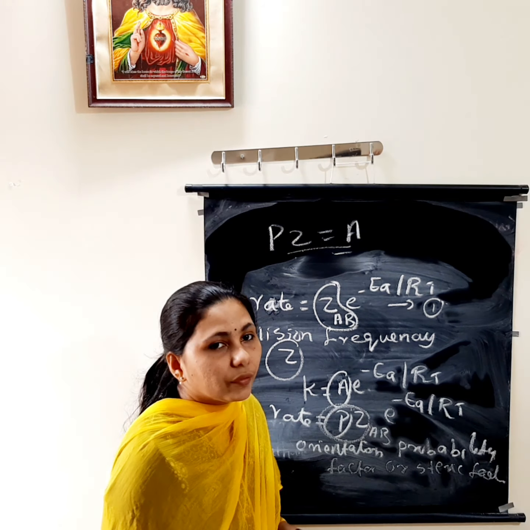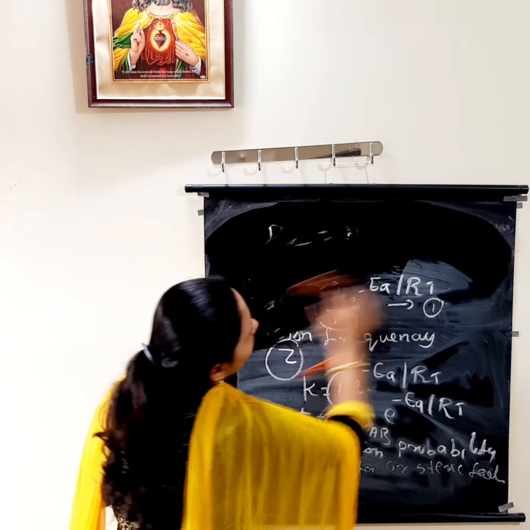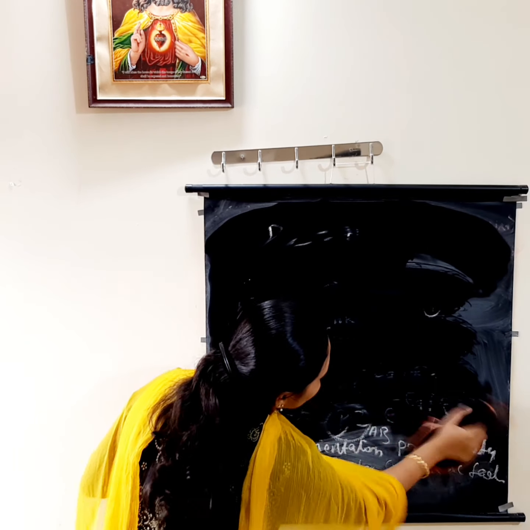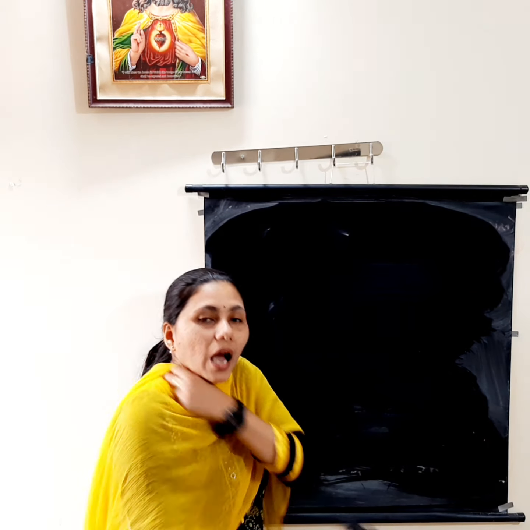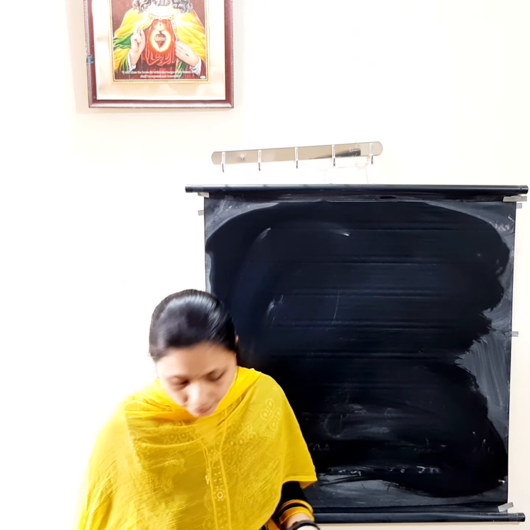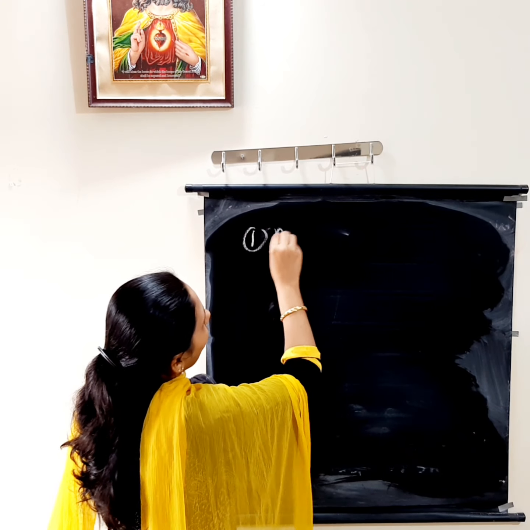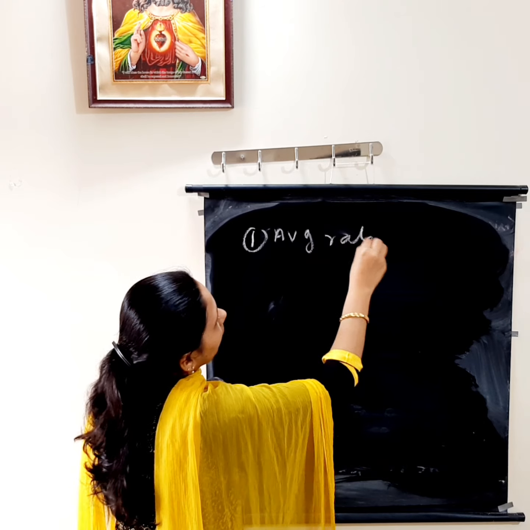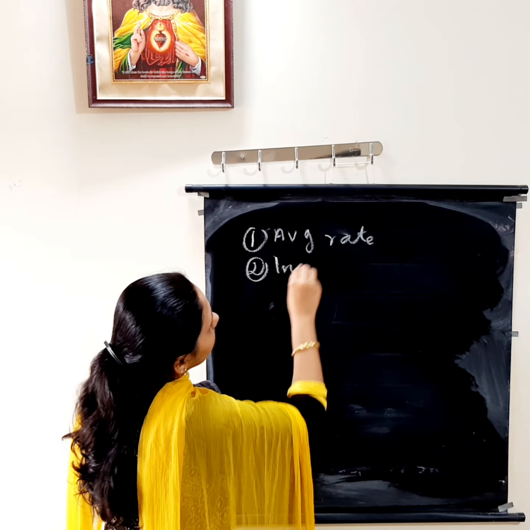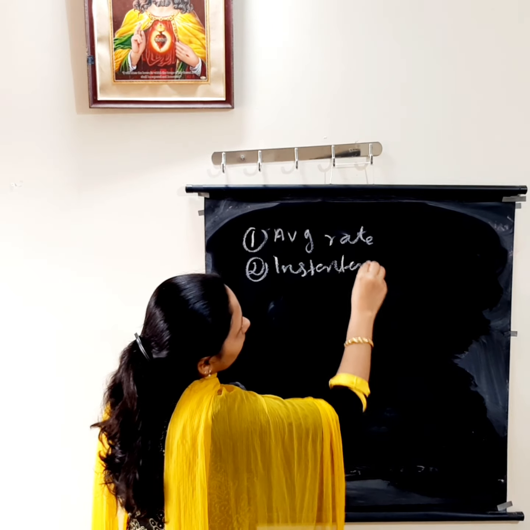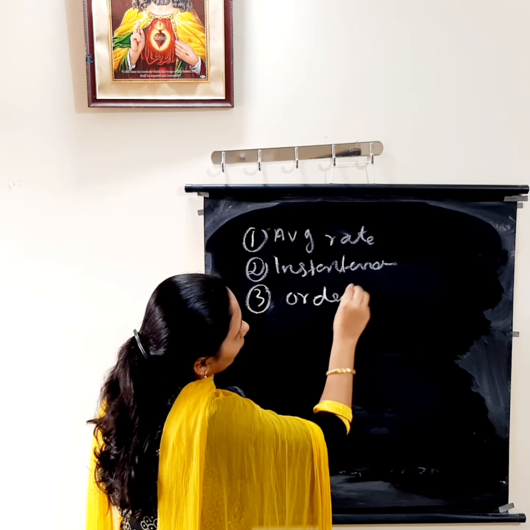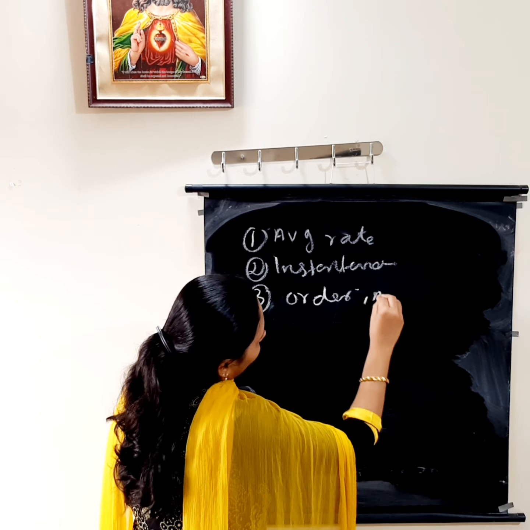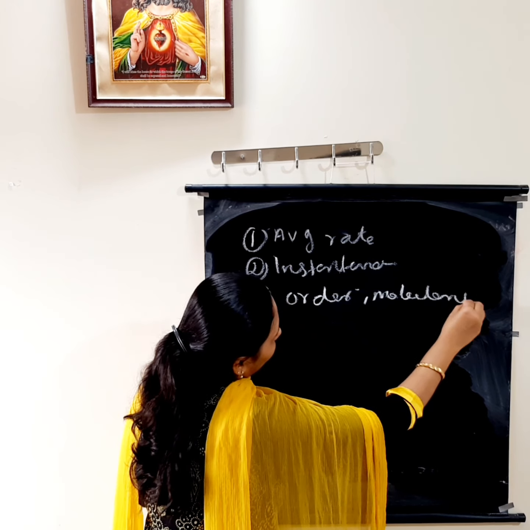Once again, I will refresh the chapter from where we started, the summary of this chapter. First we started with average rate, then instantaneous rate. Then order and molecularity.